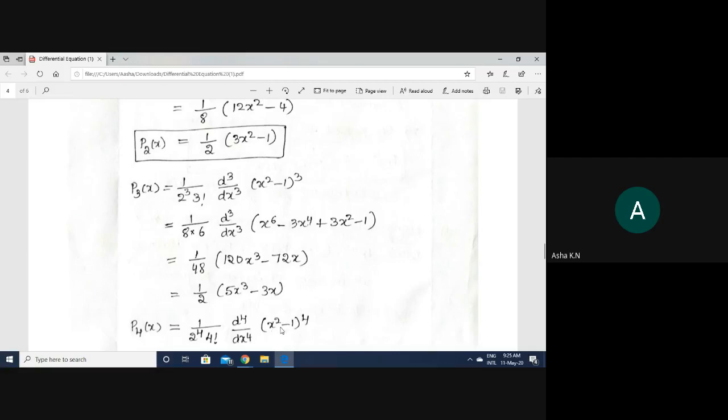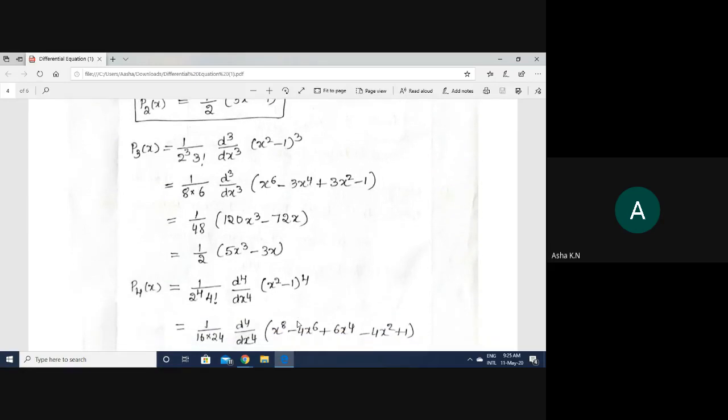What is the formula? A plus b whole power n starts with a power n. So x square power 4, which is x power 8. Then, as I said, alternatively plus or minus sign, minus nc1.